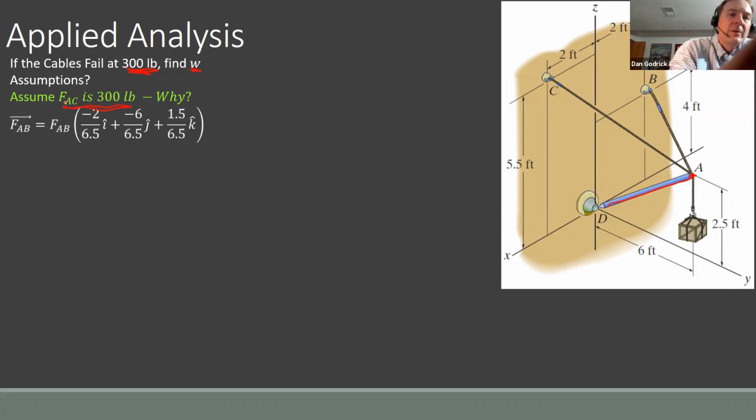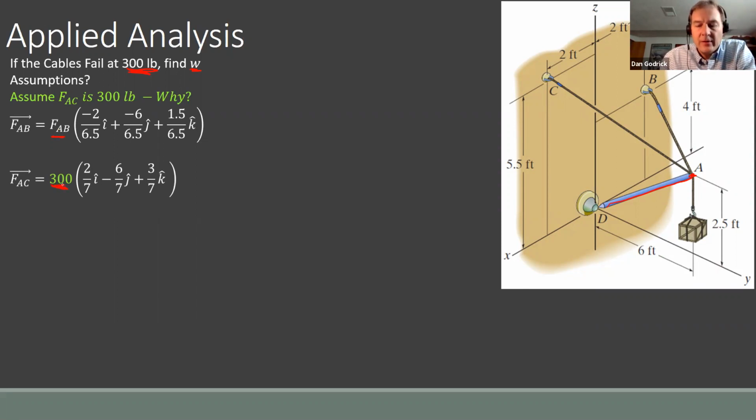So we know FAB is our magnitude FAB. We don't know FAB yet. We know FAC is 300 times the unit vector AC. We know FAD is our magnitude FAD. We don't know that yet, but we know that the unit vector acts along our component AD. And we know our weight. We don't know the weight yet. We've got to find that out.